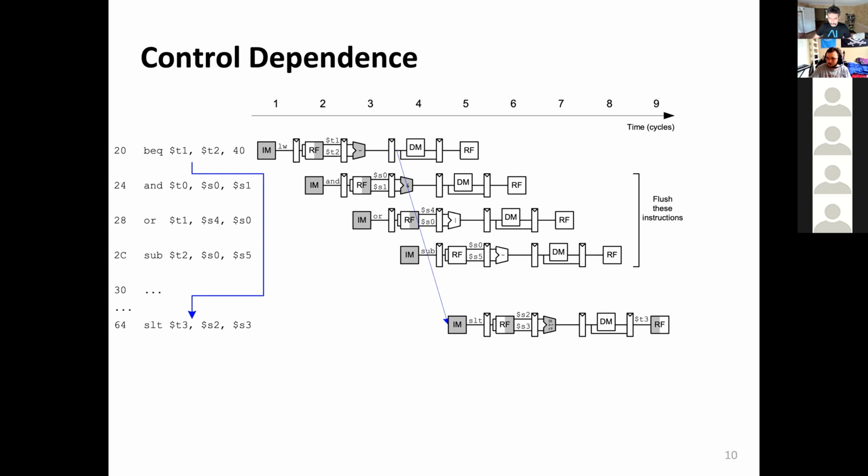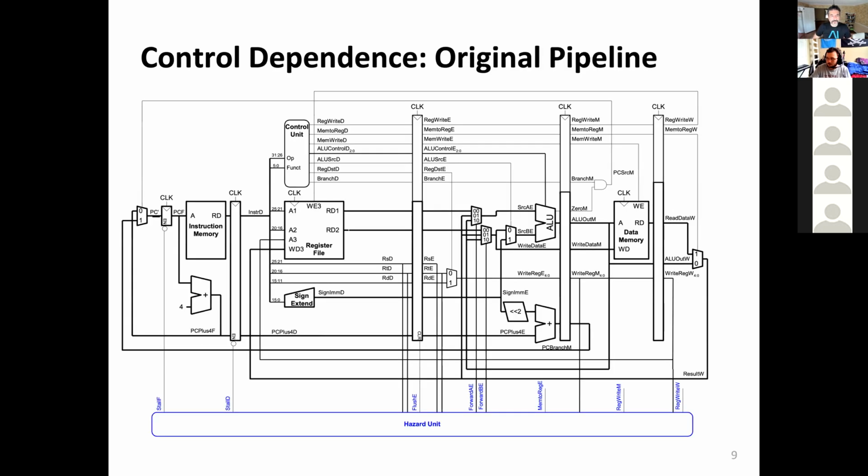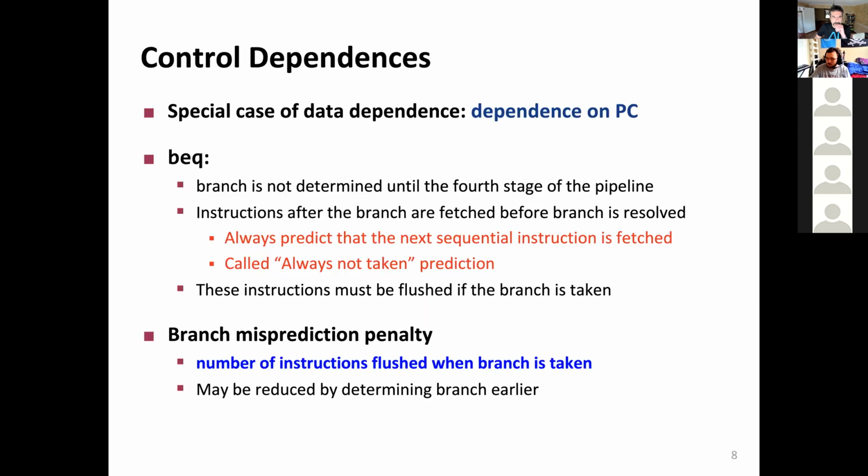There will be some question about it, most probably in your final, because it is important. And again, we have this strategy of always-not-taken prediction. And you see prediction here, right?